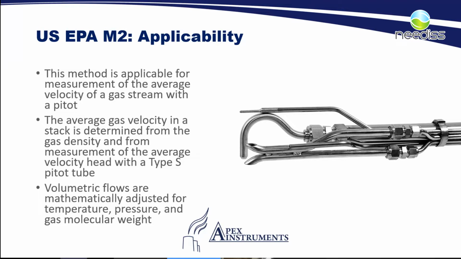So the average gas velocity in a stack is, as we know, determined from the gas density and from measurement of the average velocity with an S-type pitot tube. And as you know, we take multiple measurements of that flow rate across the stack because we know that the stack is typically not uniform in its flow rate. And that's how we determine our average flow rate for our traditional isokinetic sampling.